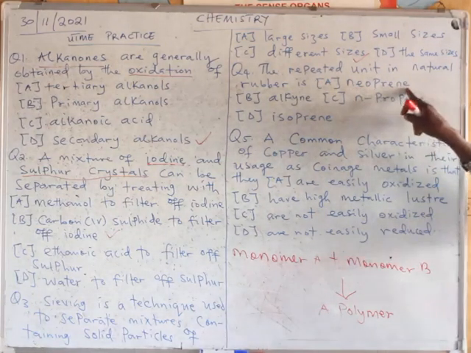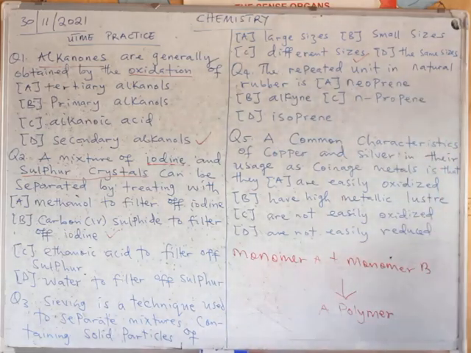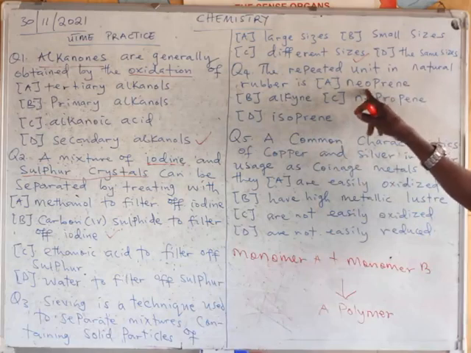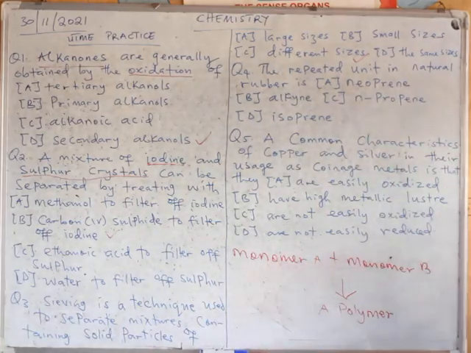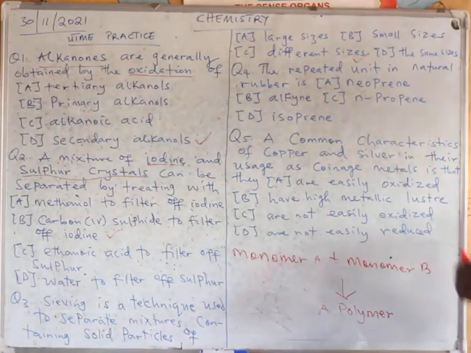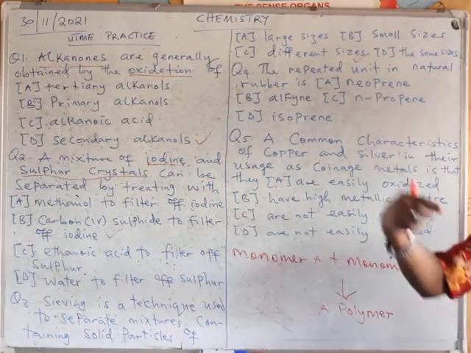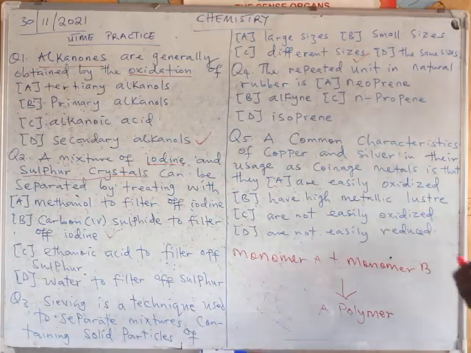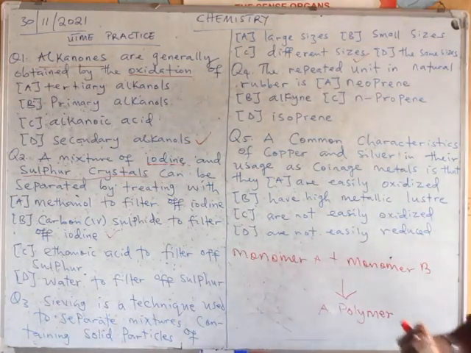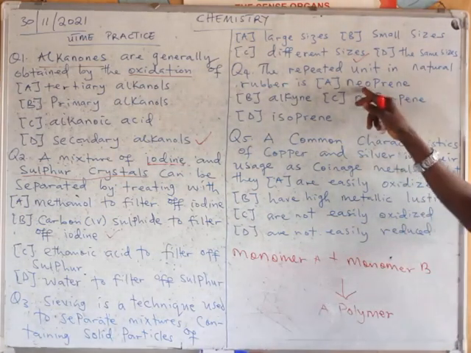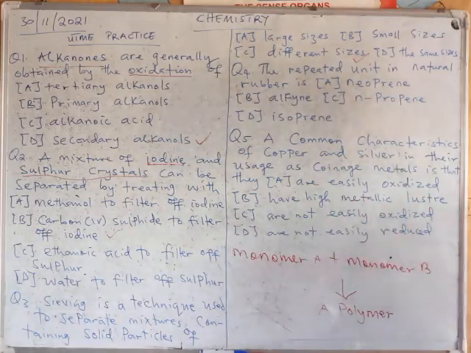Because neoprene, as it is, does not have that capacity in terms of unsaturation to link other monomers together to form the polymer, which is the natural rubber. So the degree of unsaturation in neoprene is less. When we say unsaturation, we are talking of what? Double bond. Are we together, class? Between the carbon atoms. Neoprene has no branches in addition to that. Okay? So there are no branches.